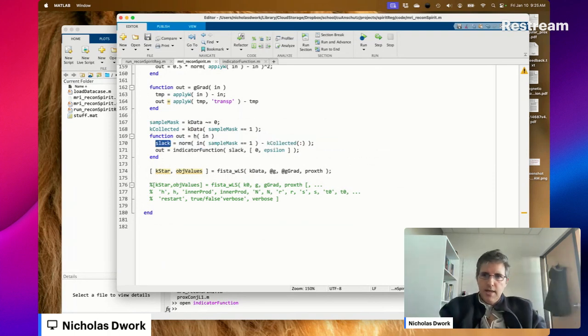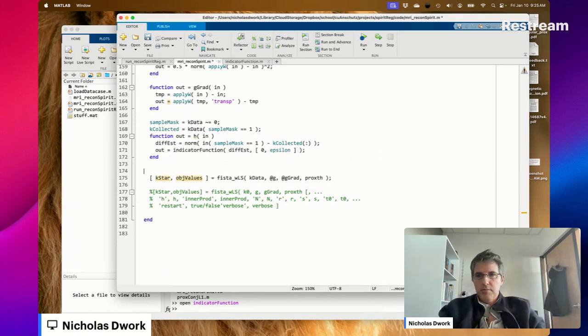Like the estimated difference? The difference between the estimate and the collected? Difference estimate, sure. Okay. Now we need the proximal operator for that.